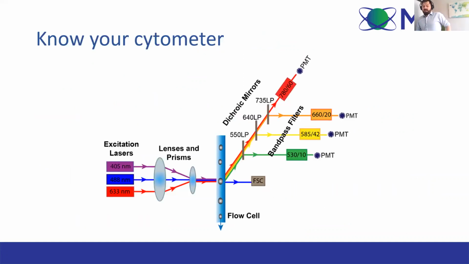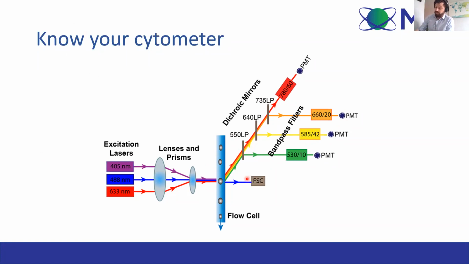So when designing your panel, it's really important first that you know about your cytometer and the inner workings of what you've got in there and what you don't have. Each cytometer is made up of a series of different parts. You've got your excitation lasers, you have lenses and prisms for focusing the light, there's a flow cell, you'll have dichroic mirrors, and you'll have bandpass filters.